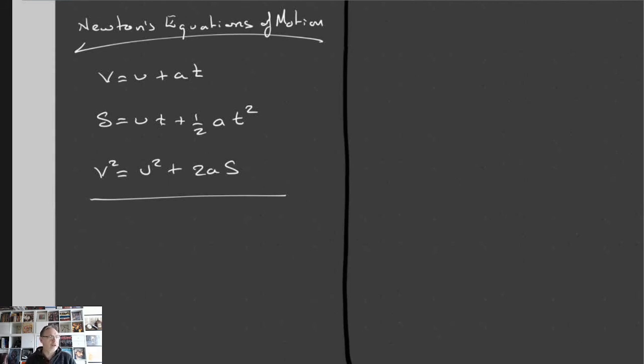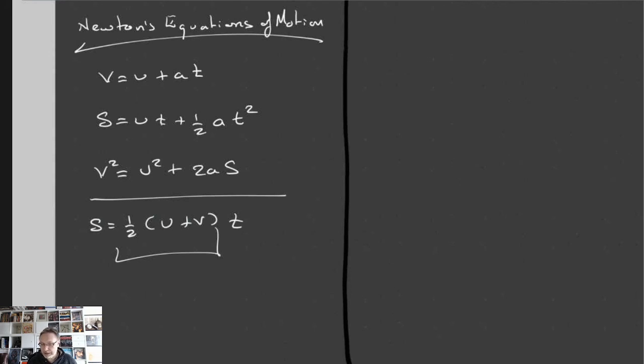And I can also write s is a half u plus v t. If you look at that, that's the average velocity. If it starts at a certain value, let's say it starts at 10 and it goes to 20, and it does it linearly, it's important that it's linear, of course, then the average of 10 and 20, you would add those two numbers together to get 30, halve it, 15.